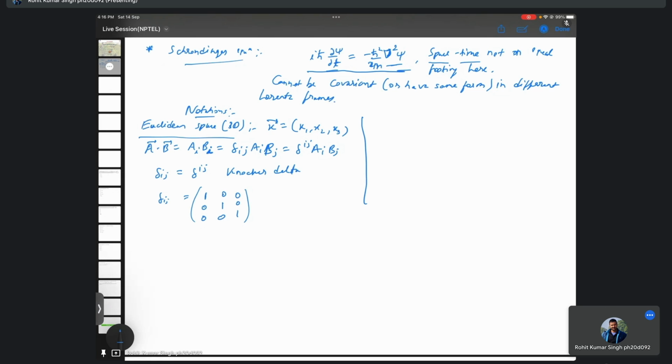And the convention is called the Einstein convention, so the repeated indices should be multiplied.